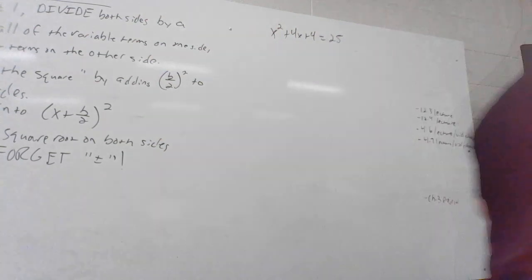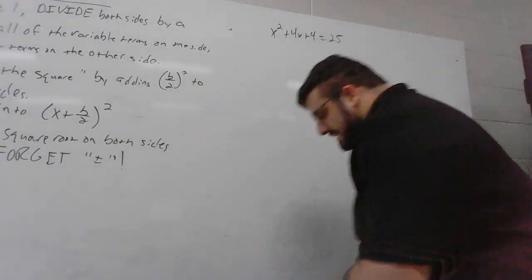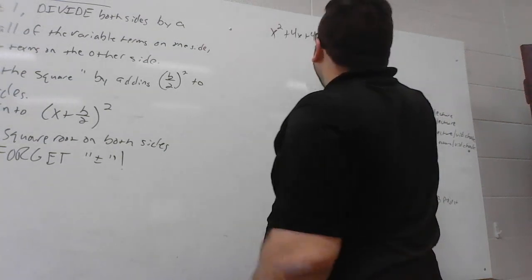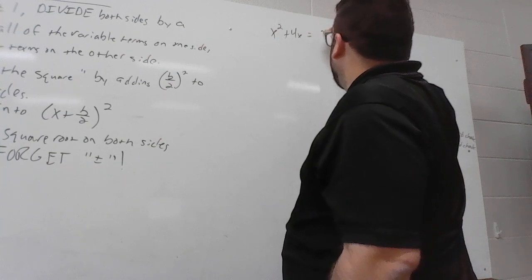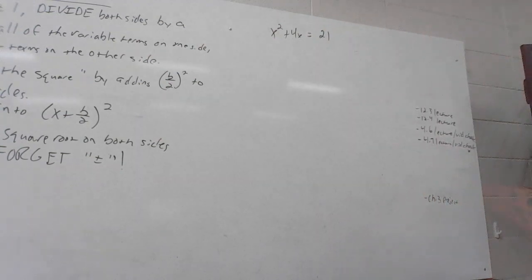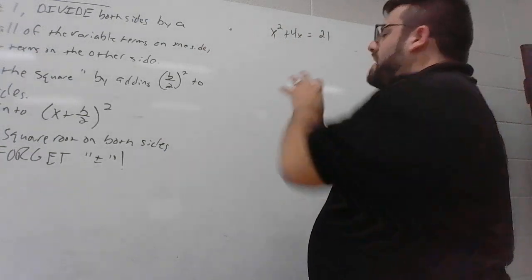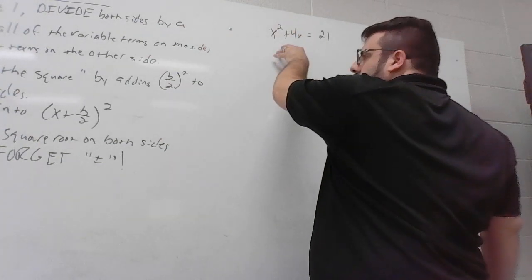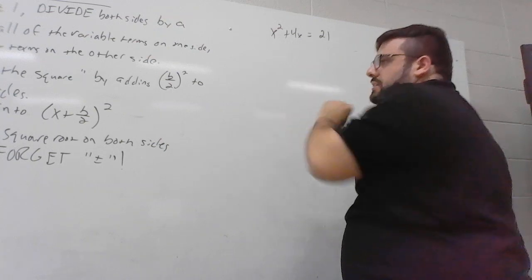So I'm going to tell you right now, this is already a perfect square. All right? This is already a perfect square. But let's say that I had something like this. x squared plus 4x equals 21. Well, my a is 1, so step 1's good. All my variable terms are on one side, and the constant terms on the other side, so that's good.